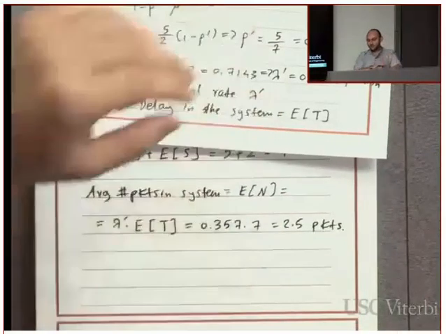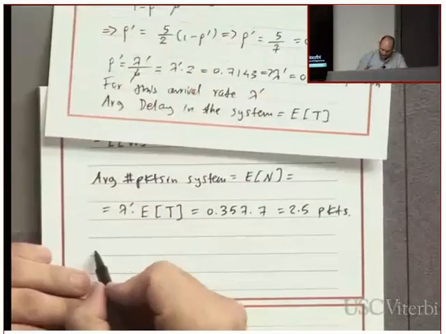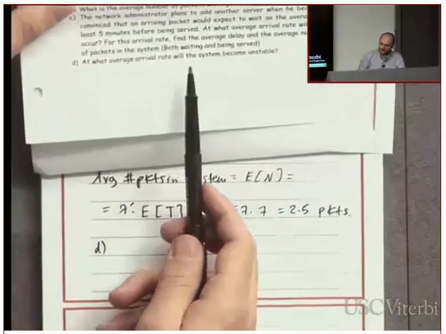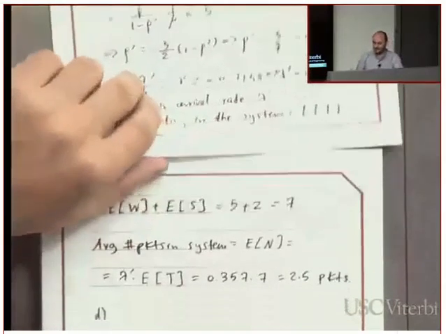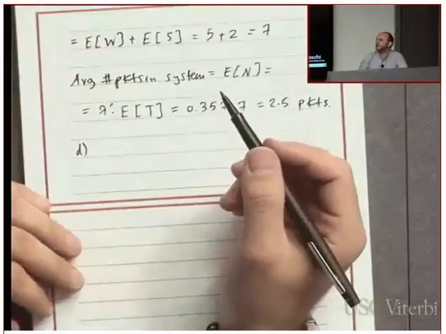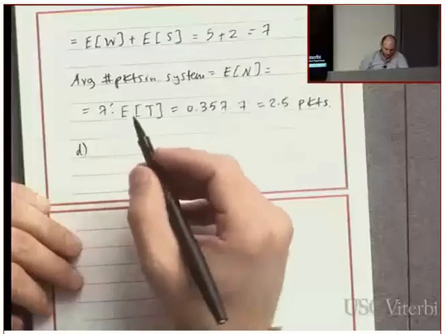Yes. Just the last thing, very quickly. At what average arrival rate will the system become unstable? That's very trivial. It's an M/M/1, so when does an M/M/1 system become unstable?